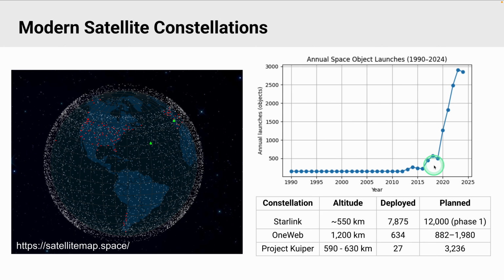Since around 2020, we've seen an exponential increase in the number of launched satellites, driven largely by constellations like SpaceX Starlink. This incredible growth in satellite infrastructure has enabled millions of people to connect to high-throughput, low-latency internet access.